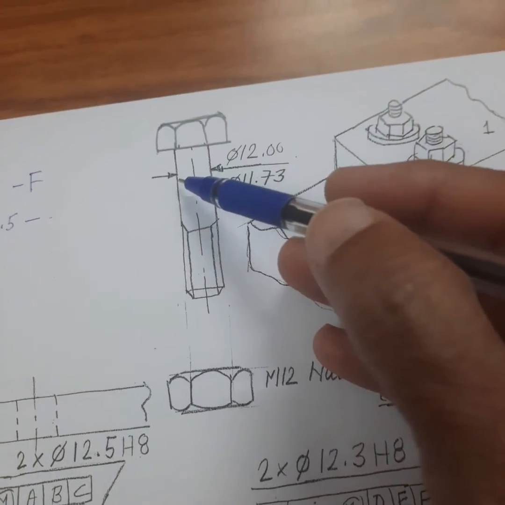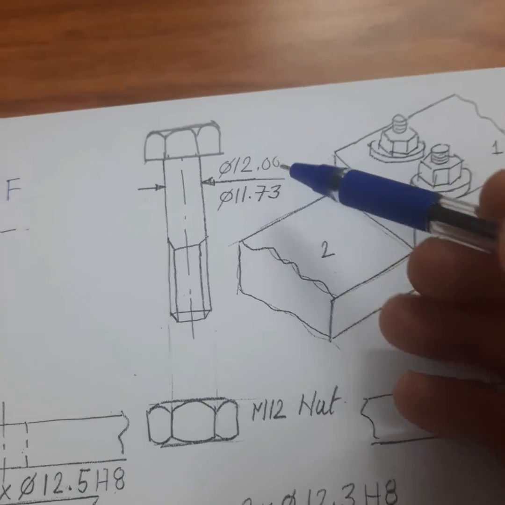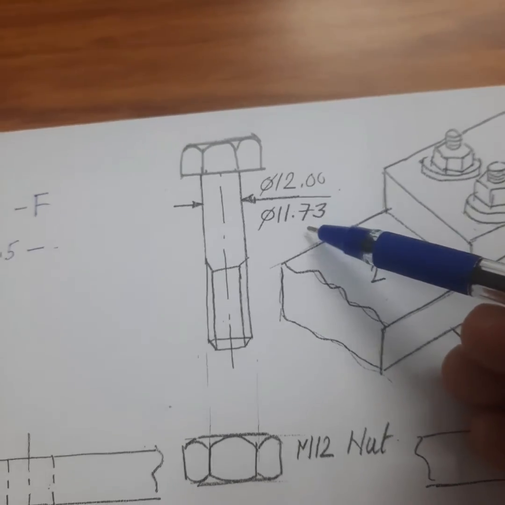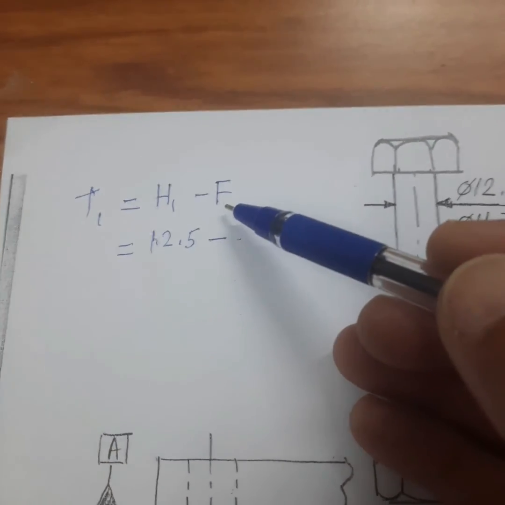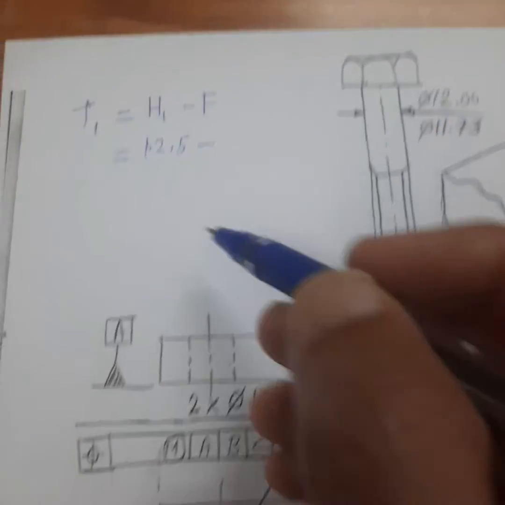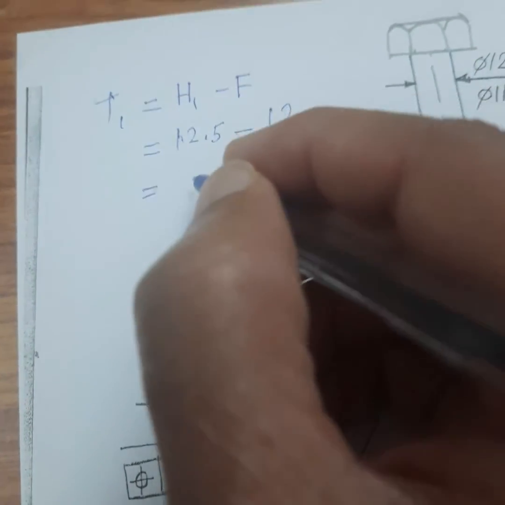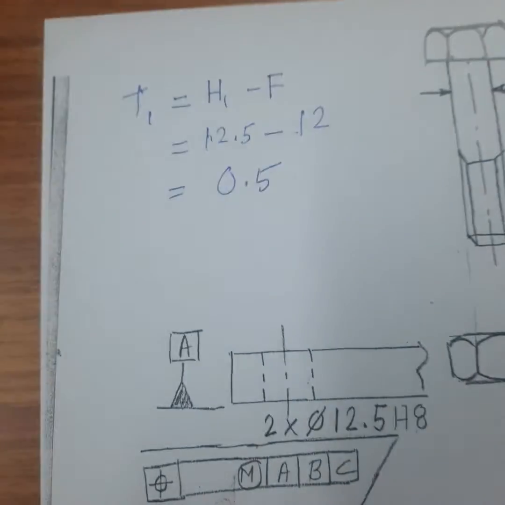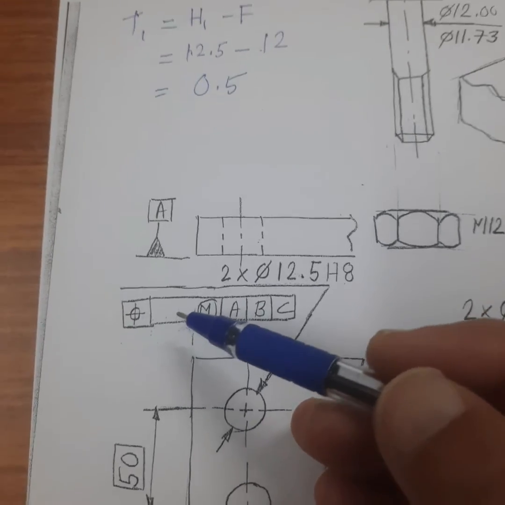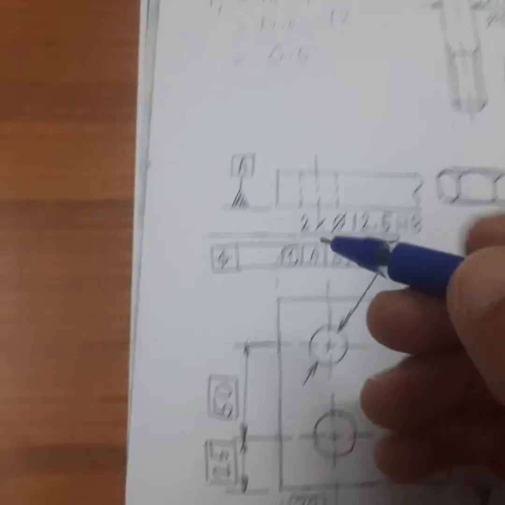The body of the M12 bolt has an MMC size of 12 and an LMC limit of 11.73. Since we have to use the MMC size, we use the value of 12, the MMC size of the fastener. So 0.5. On plate 1, the maximum value of position tolerance to locate the hole is found to be 0.5.